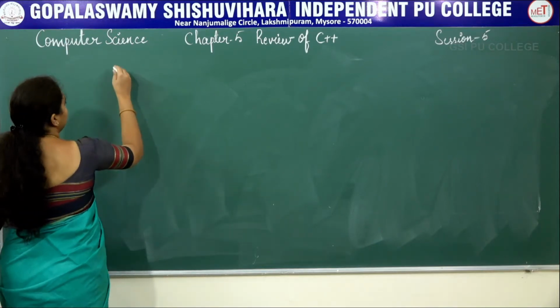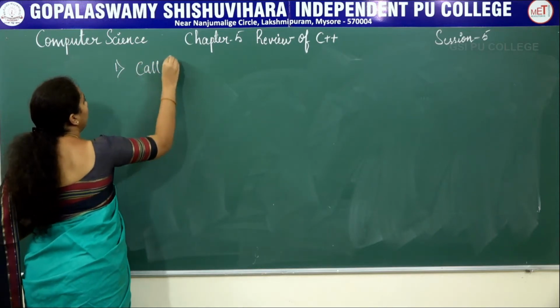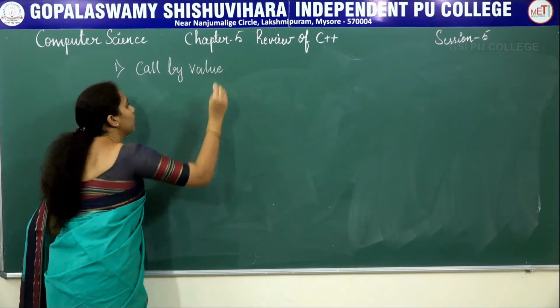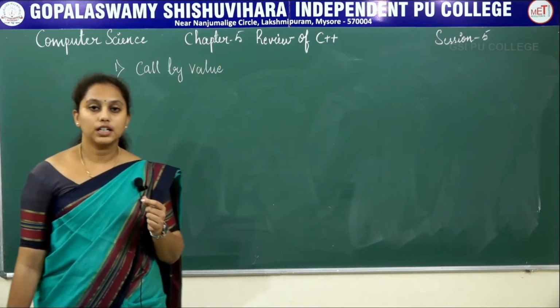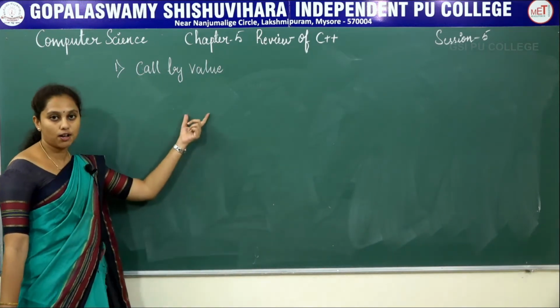So next type is call by value. What is the meaning of call by value? With a simple program, we can understand this concept.